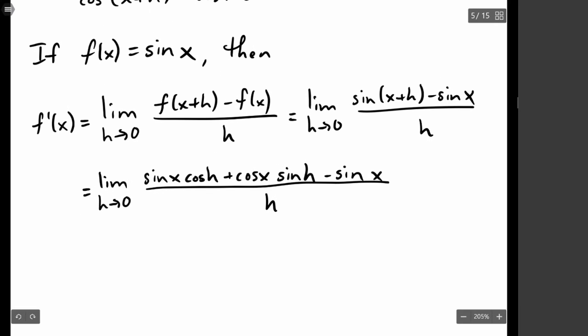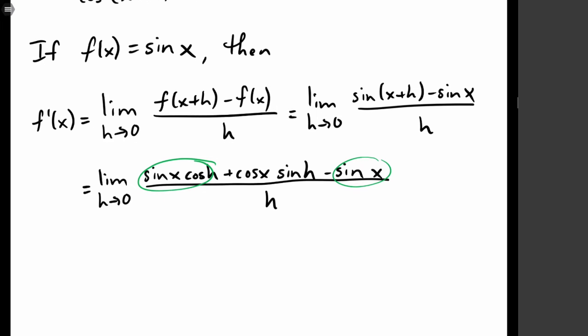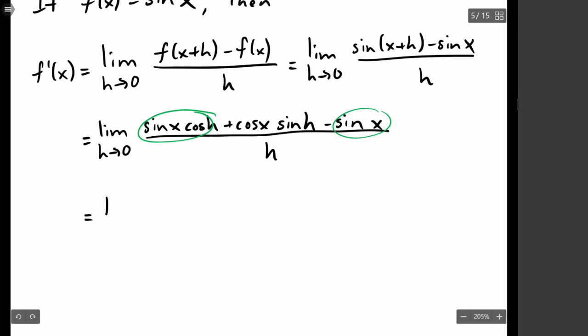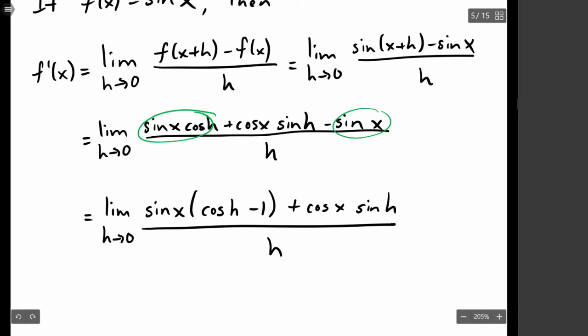Now what we're going to do is group these things together. These two both have a sine in it, so we're going to group them together. And then the other one will be sort of on its own here. So, limit as h goes to 0, we can factor the sine x out of those and get cosine of h minus 1. And then plus cosine of x sine of h. Again, all this is still over h.